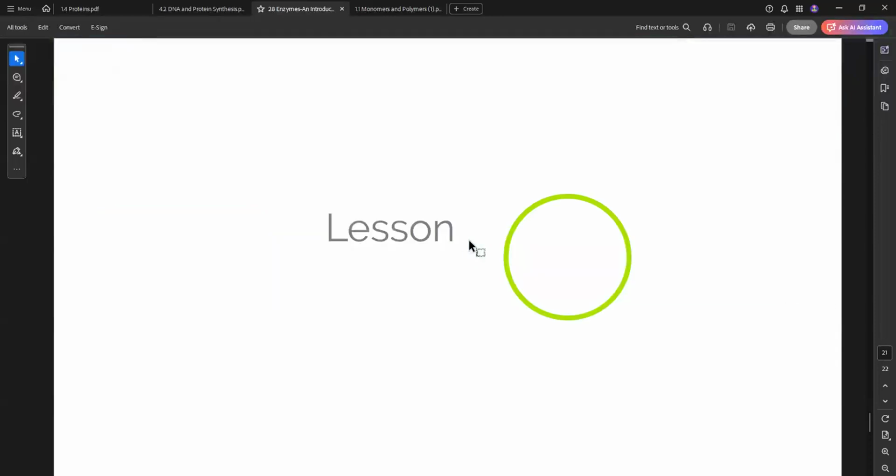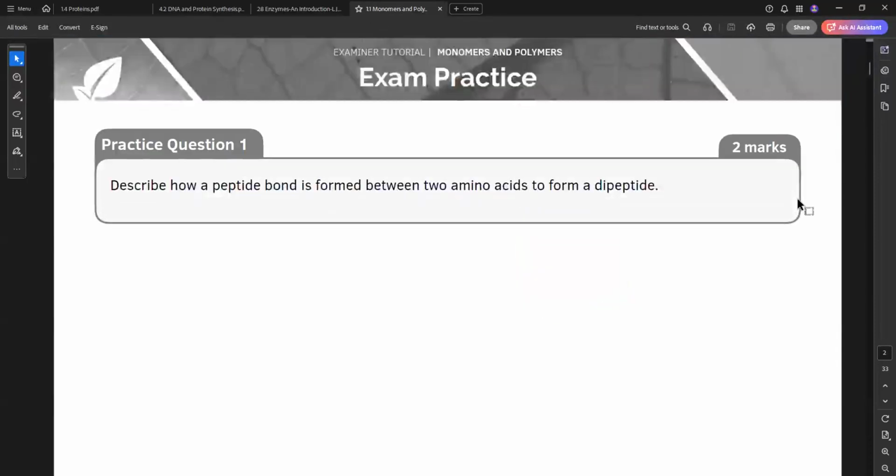I won't ask you to do that because we're going to move on to more of an examinary type tutorial. Have a go at this one. And again, it's probably very quick. And I believe we even possibly did this previously, so I'm expecting full marks.